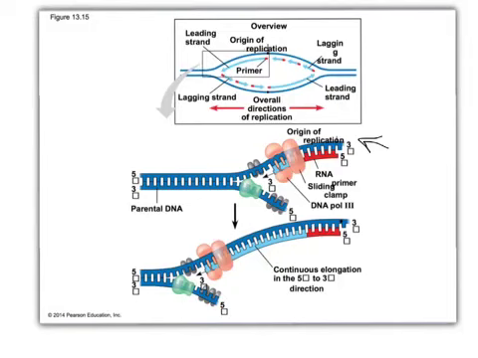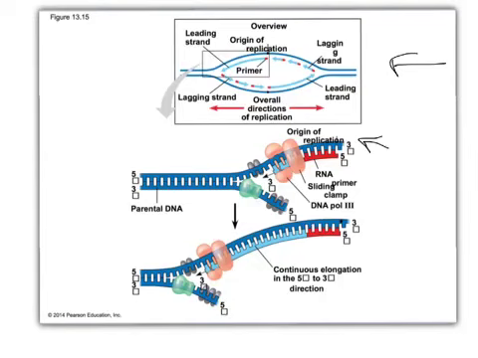The question then is, what happens on the other strand? And also, what happens in the other direction from the origin? Up here, I told you that from the origin, replication occurs in both directions.